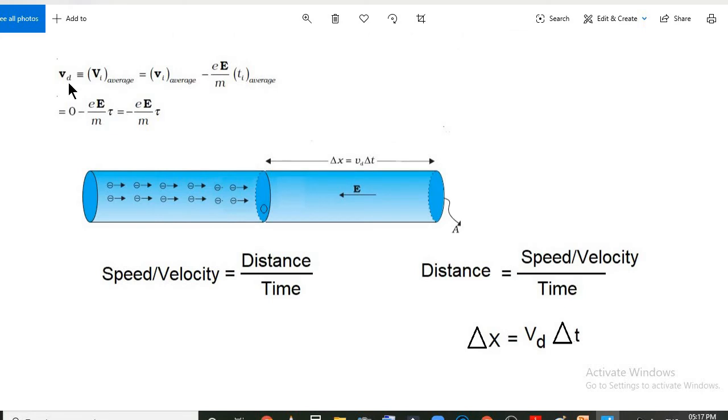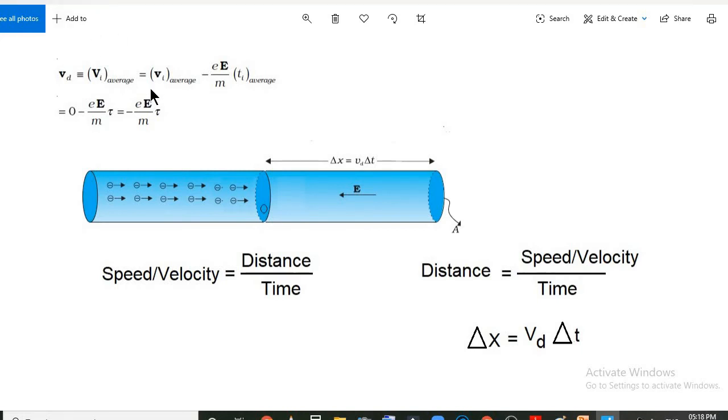That average velocity of all the electrons after the battery is connected to a wire, or after the application of an external electric field, is known as drift velocity. So we are averaging that value. Vi average, where capital V is the final velocity, its average is also known as drift velocity.